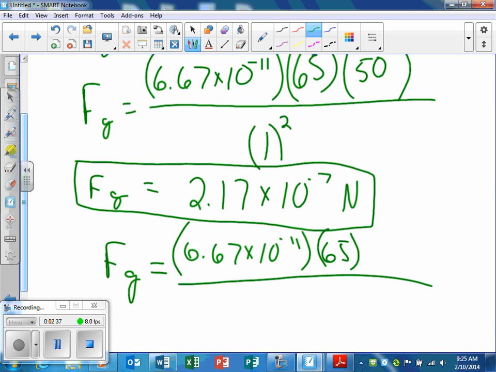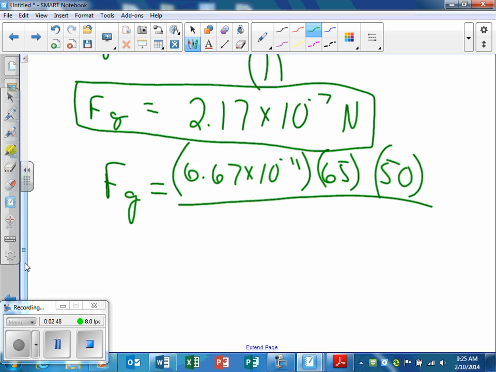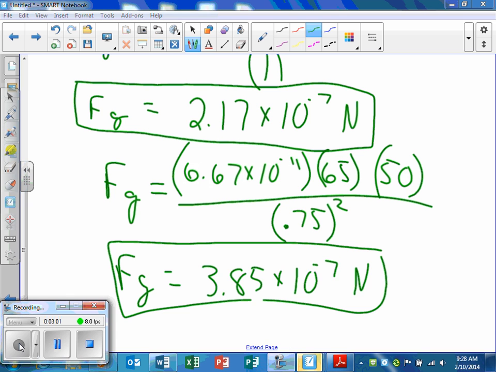Let's just say 50. You want to be that skinny, huh? Okay. Great. But the thing is, Harrison is 0.75 meters away versus 1 meter. So let's see what the force of attraction is between Brent and Harrison due to gravity.